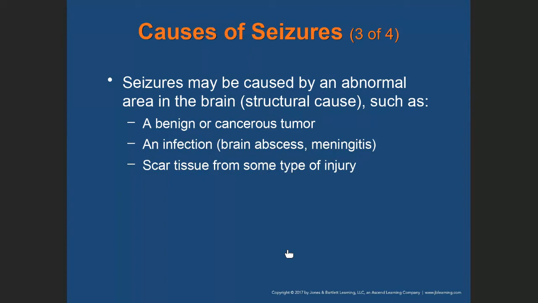So a patient with a brain tumor can have a seizure and they know that they're having a seizure, meaning they don't fully lose consciousness and their entire body is shaking and they can't control it. I have seen that in my experience. It can be caused from infection, brain abscess, meningitis, scar tissue from some type of injury.